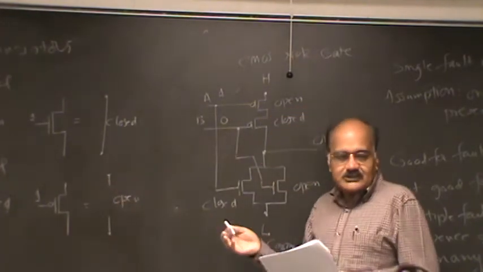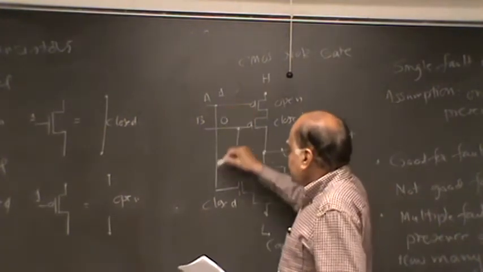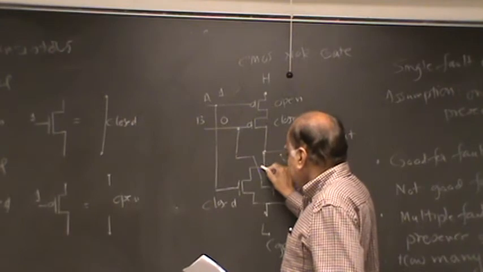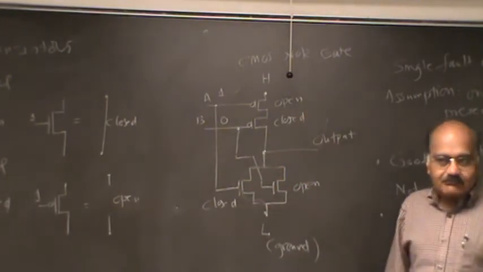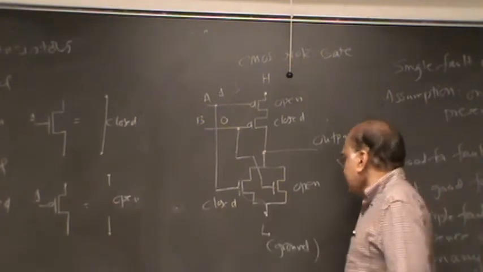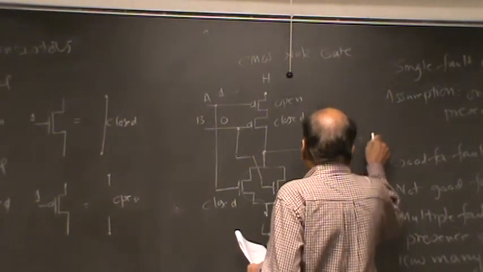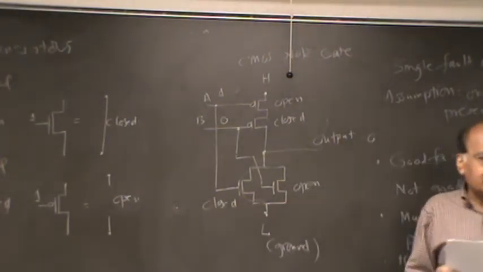Another term for closed is on, that means it is conducting. Because this is 1 and this is N channel, you have a channel here. So basically here, notice that you have a direct connection. This switch is closed here. So output in this case is going to be 0, or in other words, low.